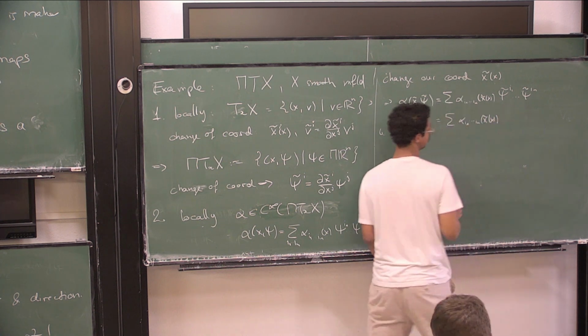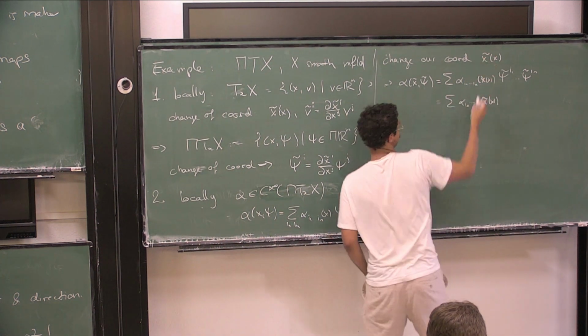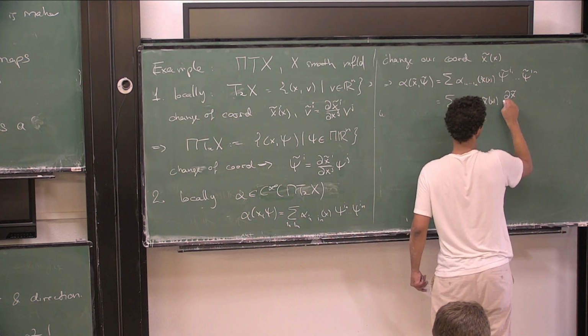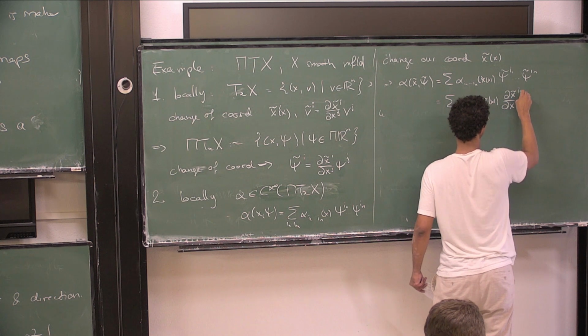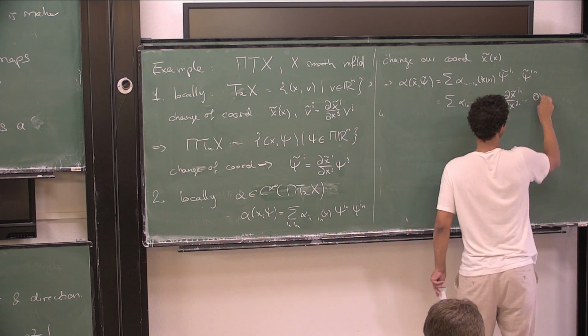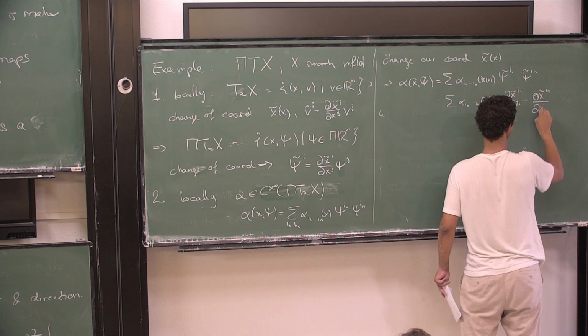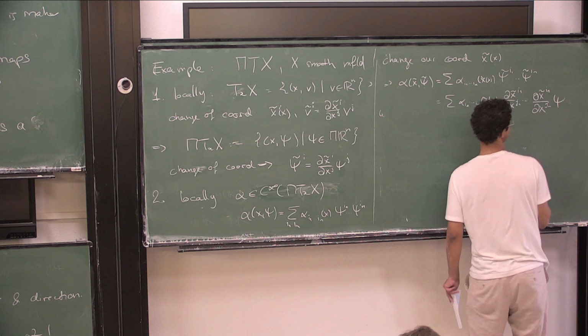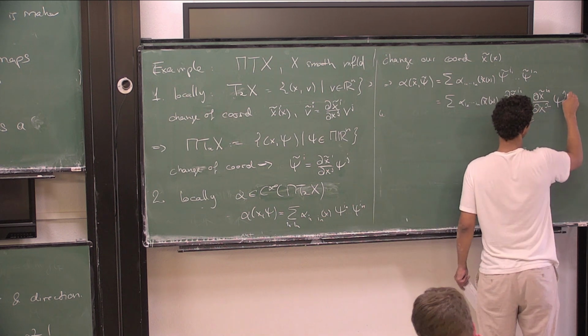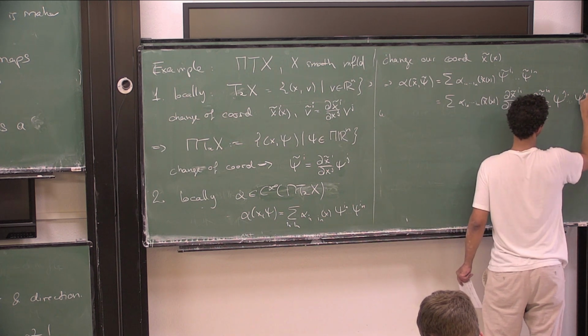Now here we get the Jacobian of the coordinate transformation: dx tilde^{I1} over dx^{J1}, up to dx tilde^{In} over dx^{Jn}, and then we have psi^{J1} to psi^{Jn}.